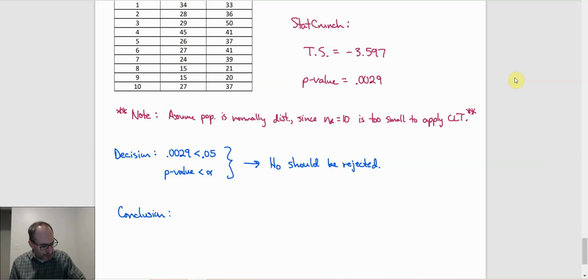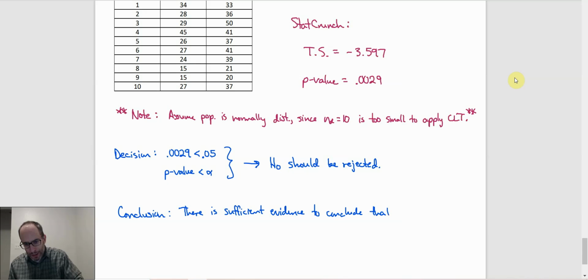And then for the conclusion, we can say that there is sufficient evidence, or enough evidence, if you want to say it that way, to conclude that there has been an increase in mean job satisfaction or in average job satisfaction.